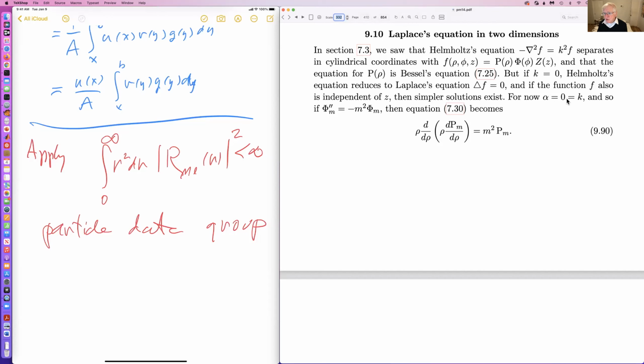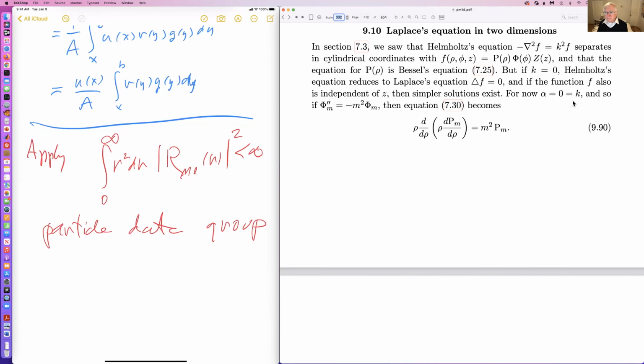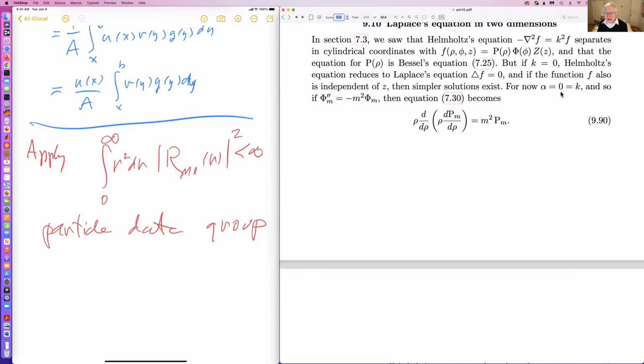And at this point, one has alpha equal to k equal to 0. I must say, just looking at this, what is alpha? I think I should say what alpha is here. In any event, one sets phi double prime equal to minus m squared phi, and then this equation here.